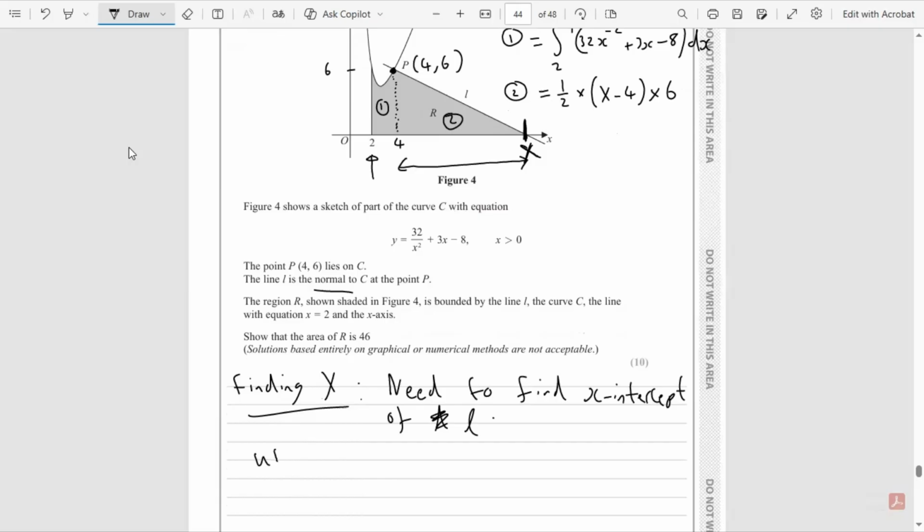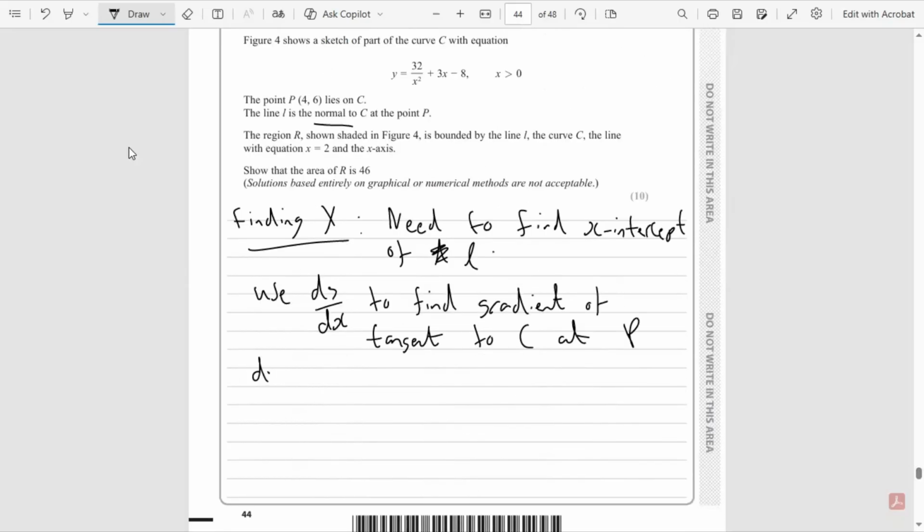So we're going to use dy by dx to find the gradient of the tangent to the curve at point P. So differentiating our curve, dy by dx.